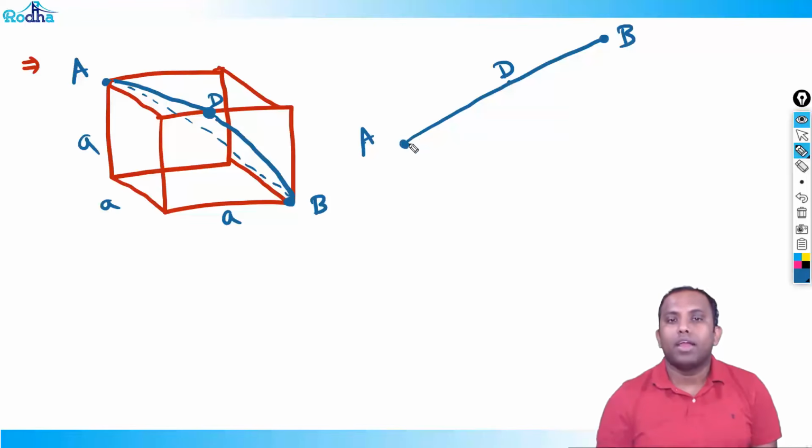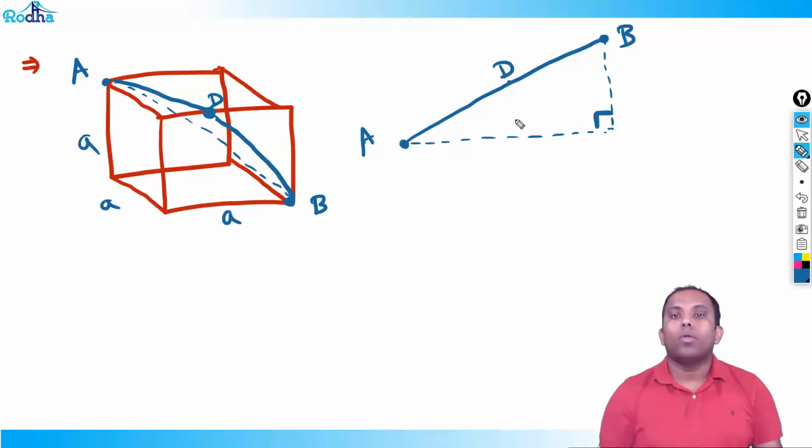Again, same thing. I'll calculate the horizontal distance from here and the vertical distance from here. What is the horizontal distance from A to B?